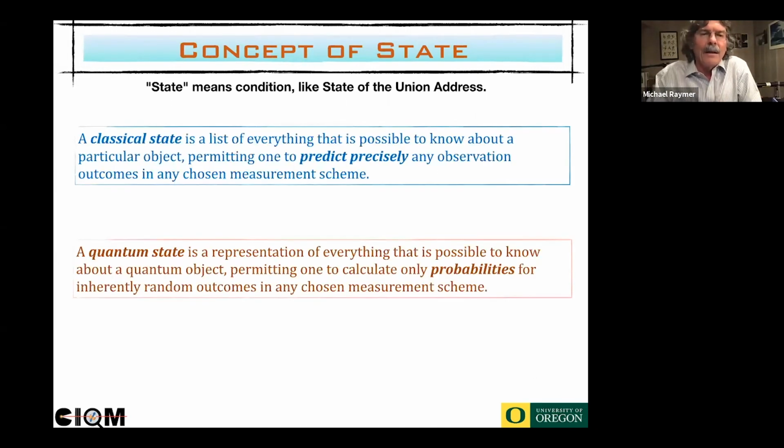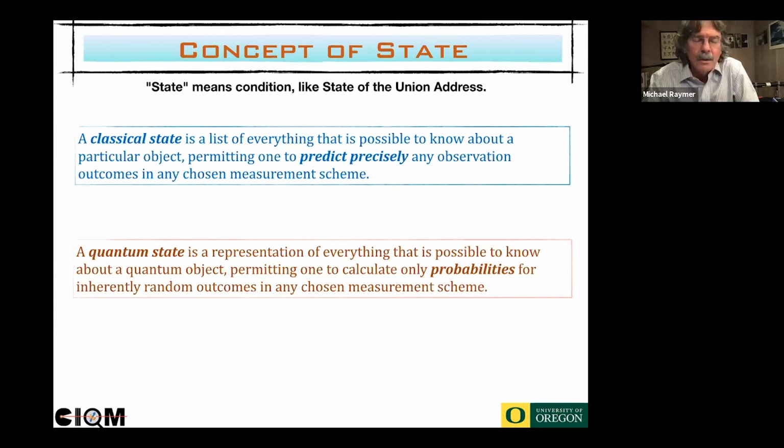Okay, a classical state, in classical physics, a state is a list of everything that's possible to know about a particular object. And it permits you to predict precisely what's going to happen in any observation in any chosen measurement scheme. Classical physics is not exactly deterministic, but in many cases you can predict precisely, like the trajectory of a baseball.